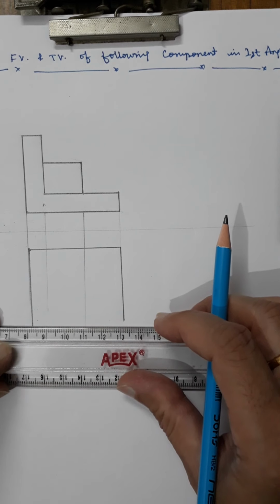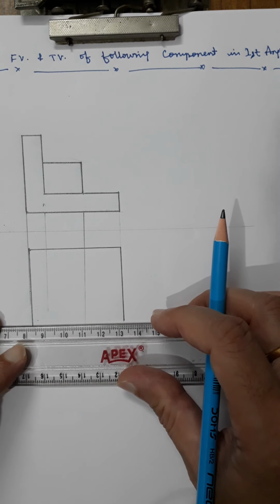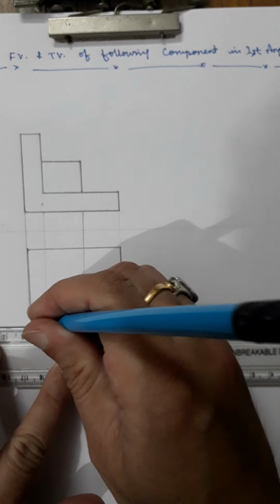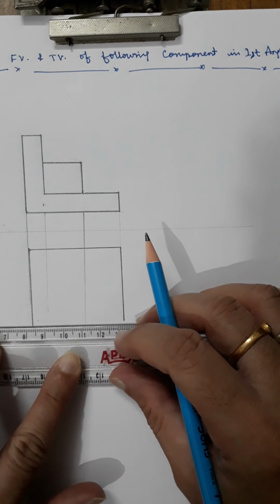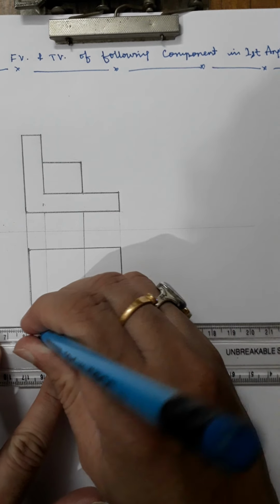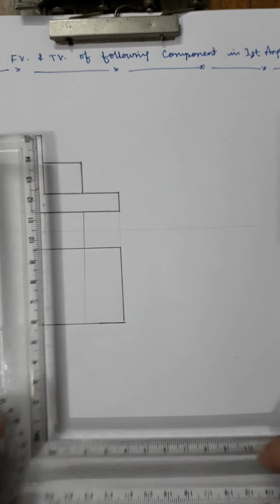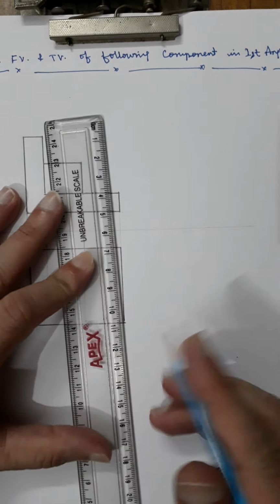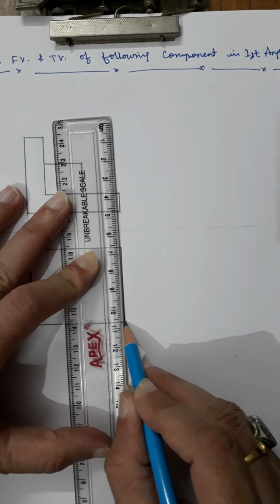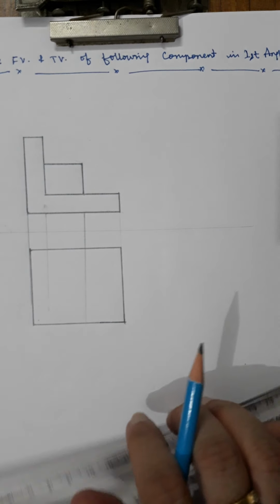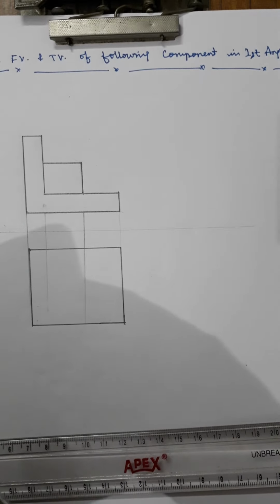You can join this 40 by 40 block. Now we have to draw what will be inside it.